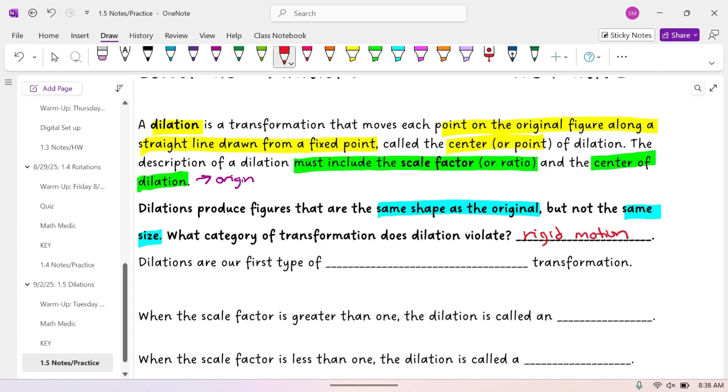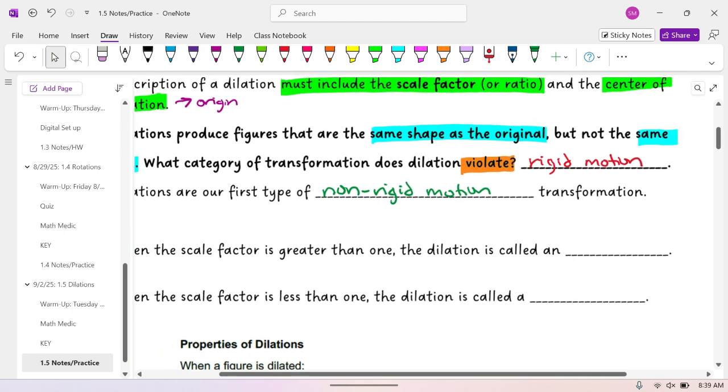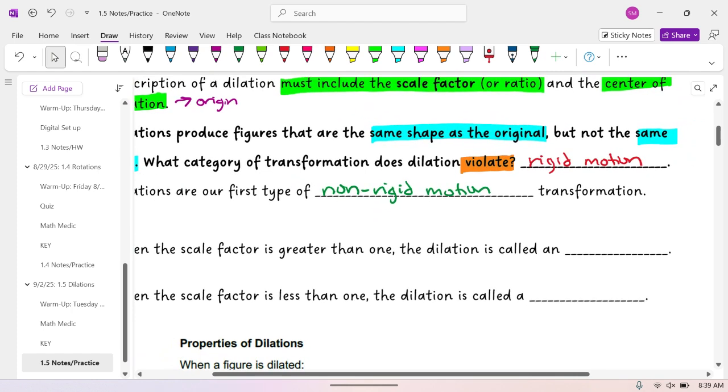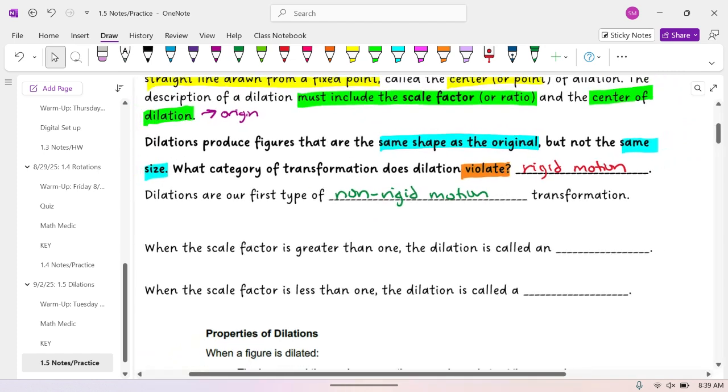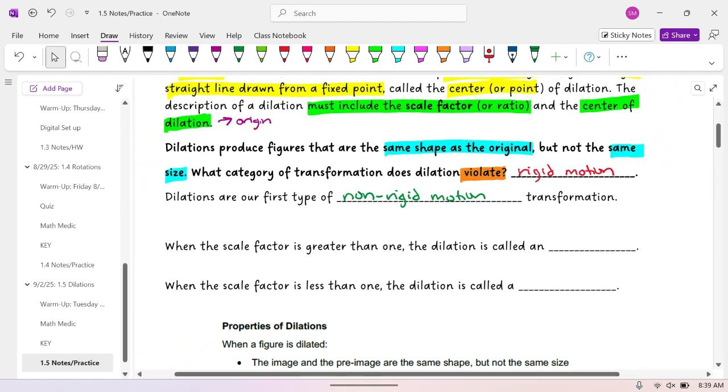So it violates rigid motion. So this is our first type of non-rigid motion transformation. It's also the only type that you will learn in this class. So if I ever ask you on the test, what is the only non-rigid motion transformation? Dilation.